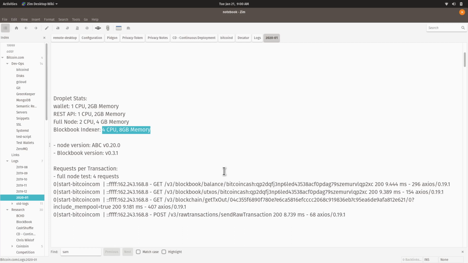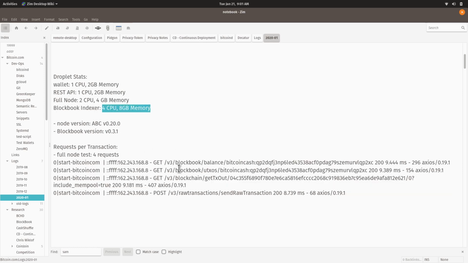The next test I'm going to run will be 10 transactions per second, and we'll see how that performs relative to this test. In this full node test, one transaction translates to 4 requests to the REST API.